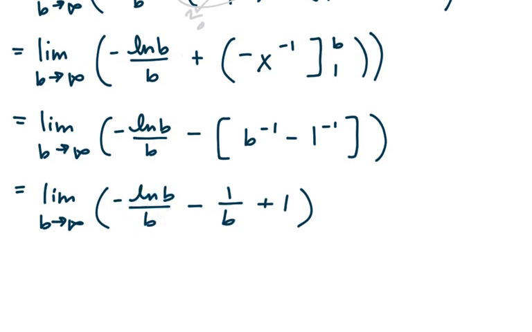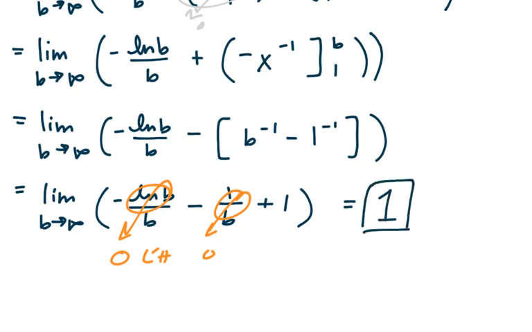And then this first one will go to 0 by L'Hopital's rule. So this is 0 by L'Hopital's. This goes to 0. And I end up with the limit as b approaches infinity being 0 plus 1, which is just 1, which lets me know that the area under the curve of natural log x divided by x squared from 1 to infinity converges and has a finite value for its area of 1.